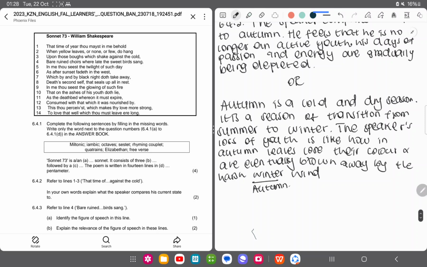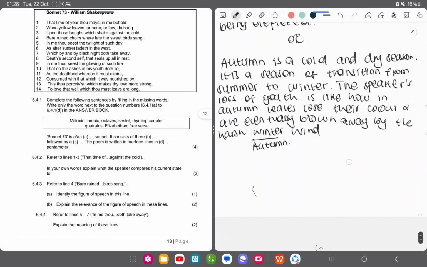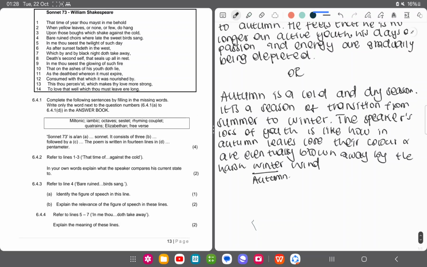Right, so that is what the line means. Okay, moving on, we are going to 6.4.3, and we have A. We're given lines to refer to, and we are given line 4.